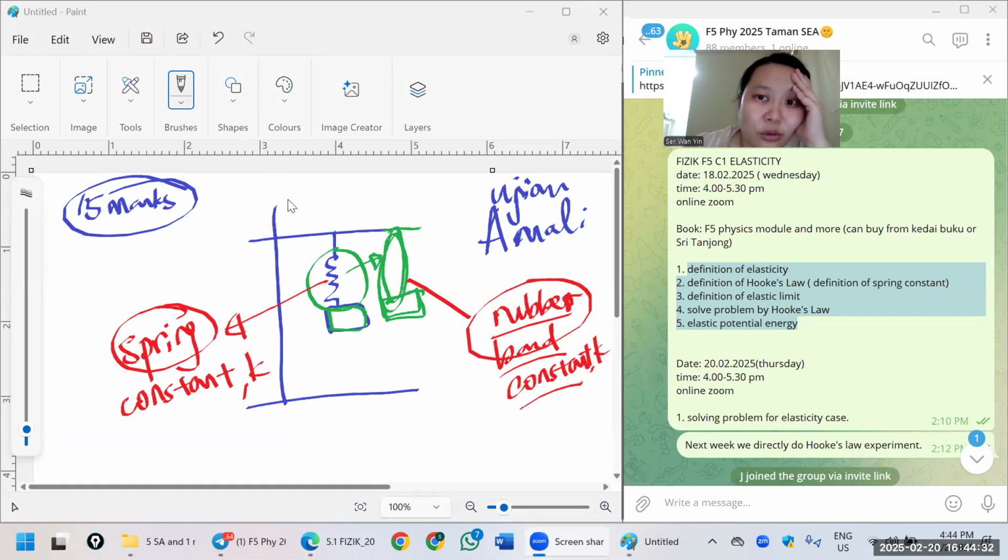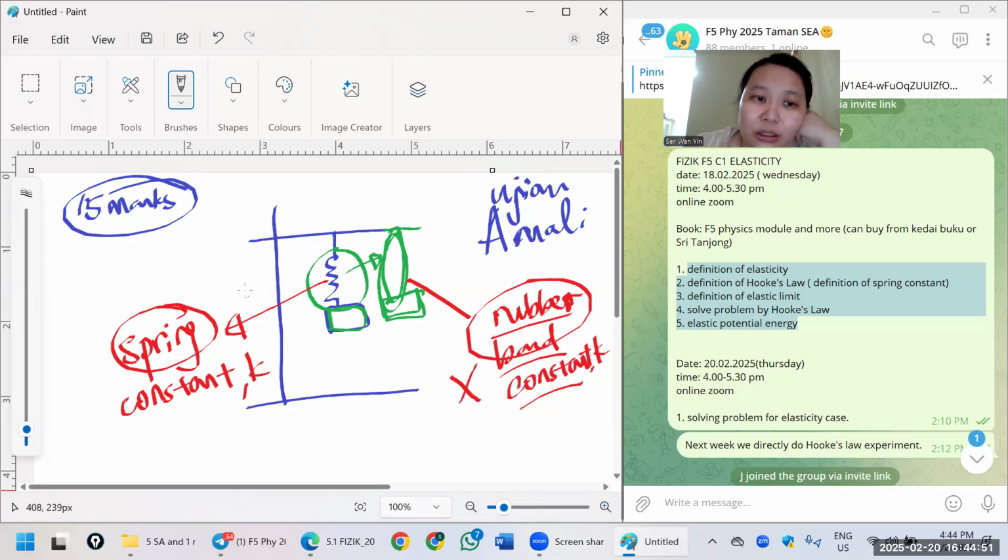What if we don't? Normally we follow the schema. So if you don't, normally I give it wrong. But of course, in the real SPM, they might accept some lenient answers.